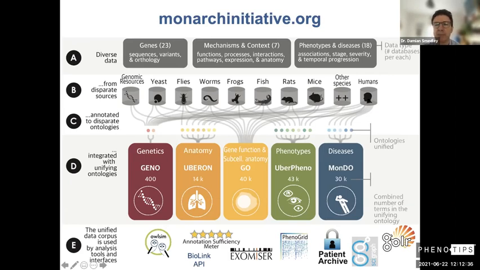And these span from human to model organisms to non-model organism species, such as platypus, as well as genomic resources. And the special thing that Monarch does is to integrate these using unifying ontologies. So for instance, for disease, it's got the Mondo ontology that links everything together. For phenotypes, UberPheno links the phenotypes across species. And that's essentially the large, almost integrated database that's produced. And then all the Monarch tools are built on top of this, such as Exomizer, which I'm going to come to soon.